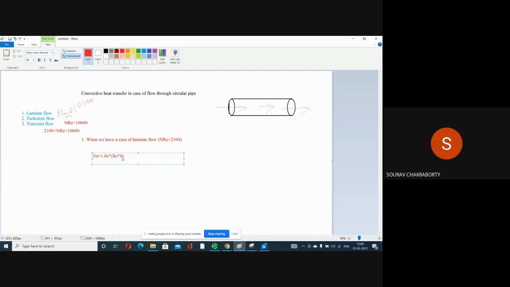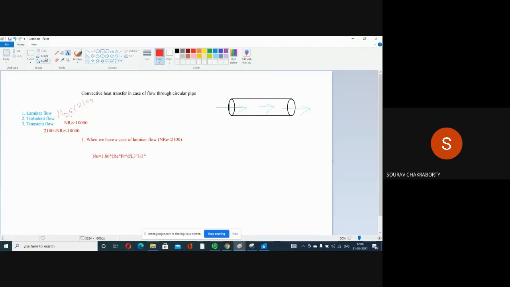Then Prandtl number, then D by L, to the power 1 by 3, into mu B divided by mu W, bracket close, to the power 0.14.